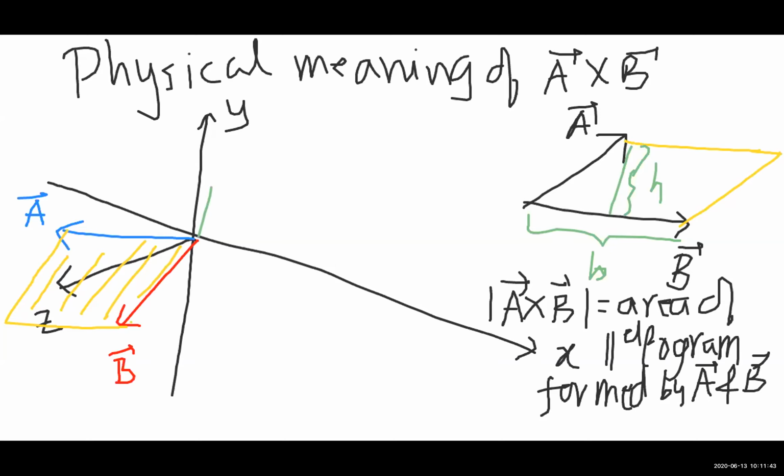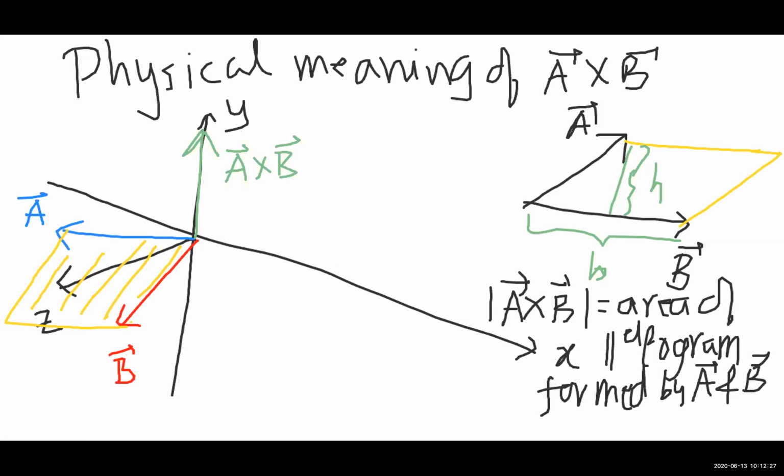So please notice, this is the vector A cross B. The direction of A cross B is a separate matter. The direction of A cross B is found by the right hand thumb rule, and this is the direction of A cross B. The direction of the green arrow is the direction of A cross B. But the magnitude of the vector A cross B is equal to exactly the area of the shaded region.